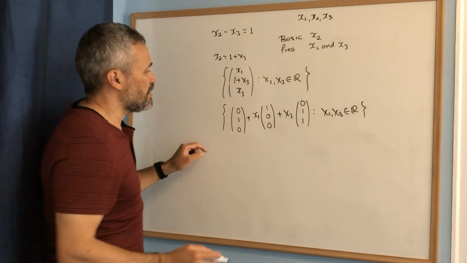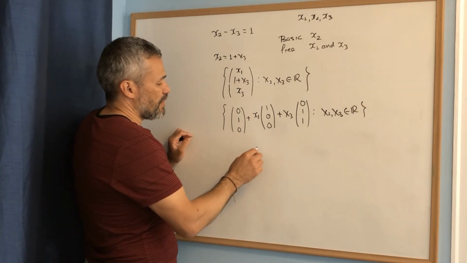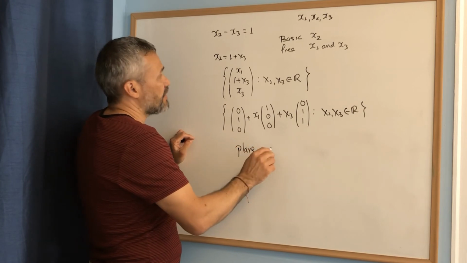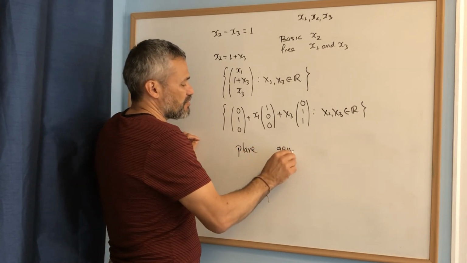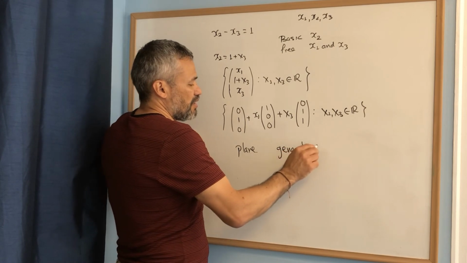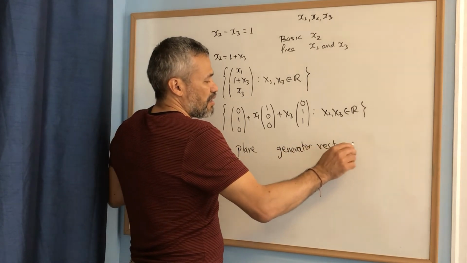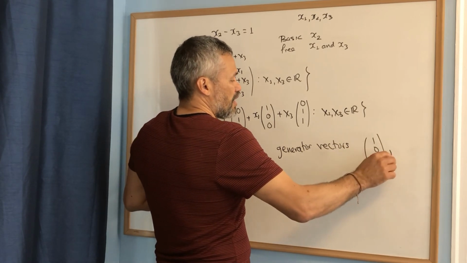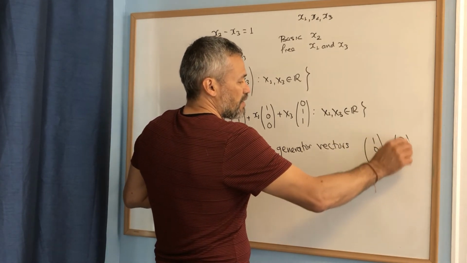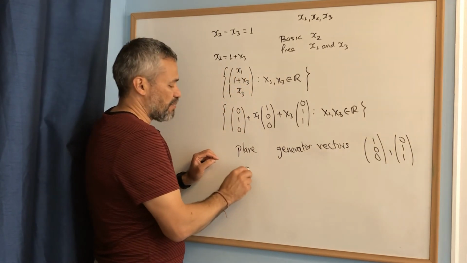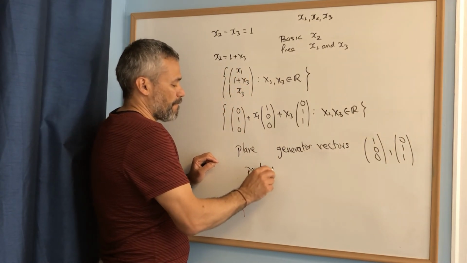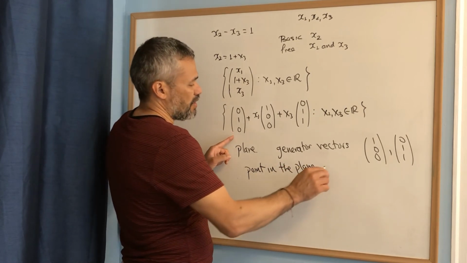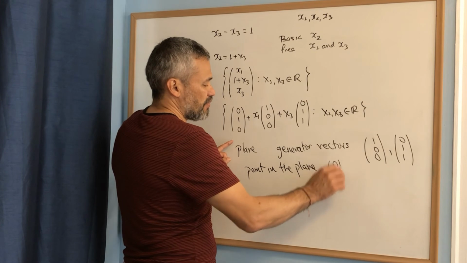Then essentially this is going to be a plane, and the generator vectors are the vectors (1, 0, 0) and (0, 1, 1), and a point in the plane would be the point (0, 1, 0).